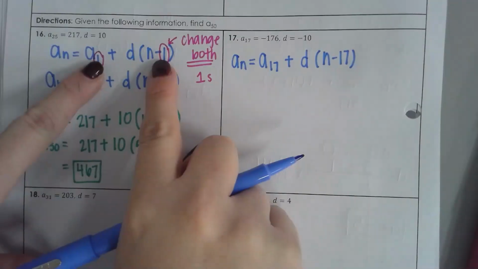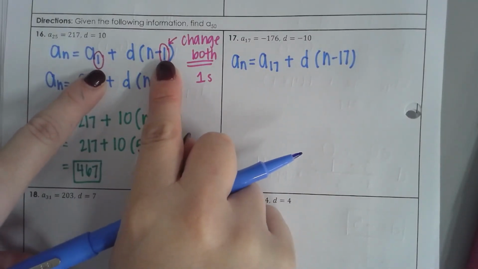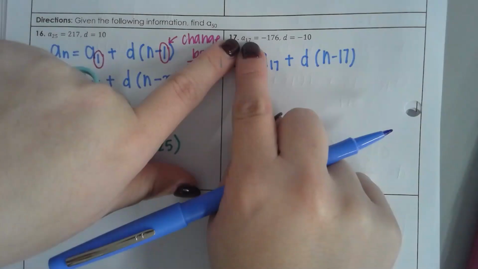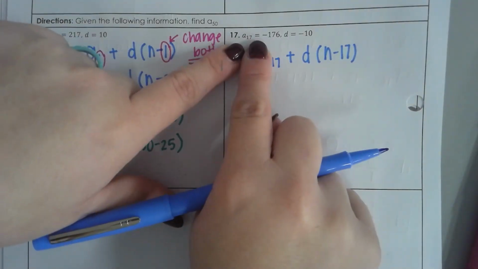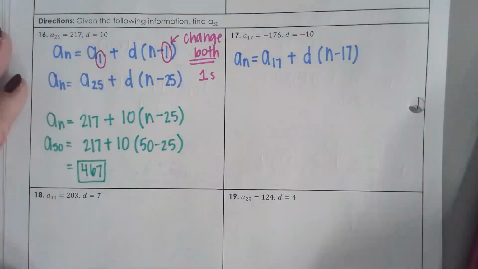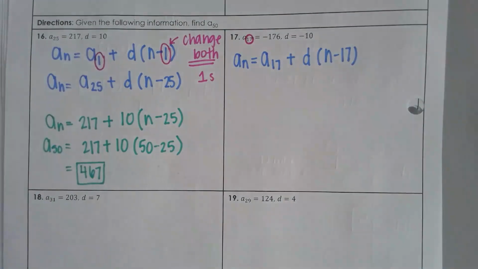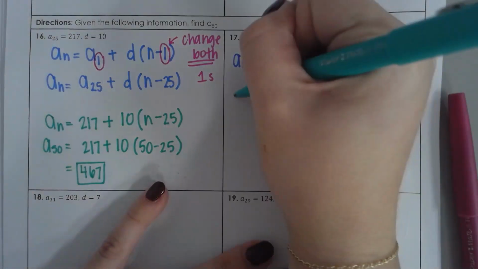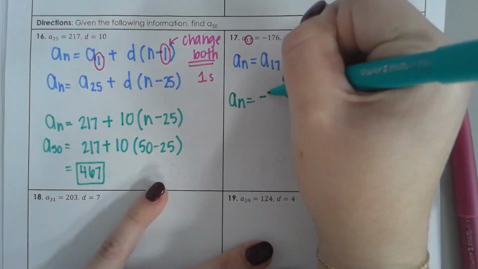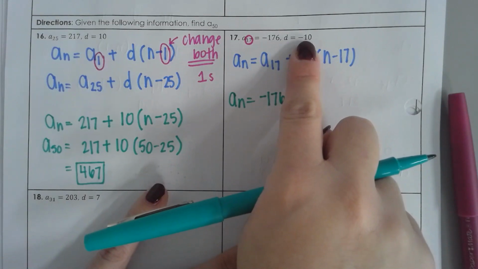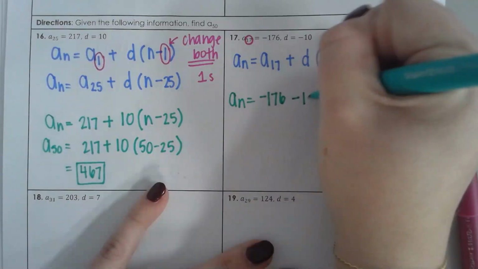So remember, you can change both of those ones to anything as long as they're the same, make them fit your problem. I didn't change it to 17 because it's question 17. I changed it because I was given the 17th term. So this formula is AN equals negative 176. My common difference is negative 10, so I'm going to put minus 10.